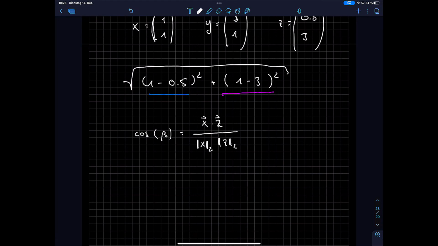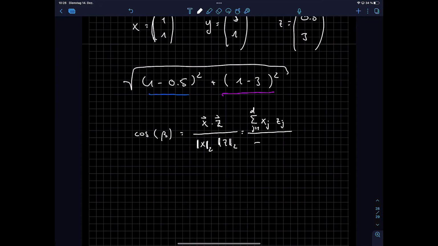On an element-wise level, we calculate x and z. And here, let's say we have a dimension of d, for instance, like the dimensions of our document vectors.